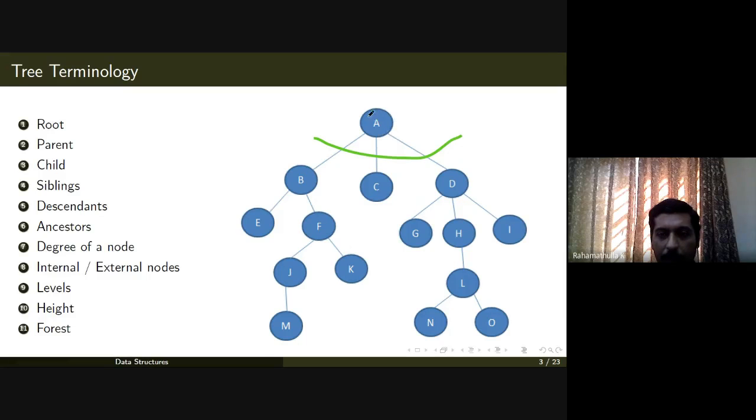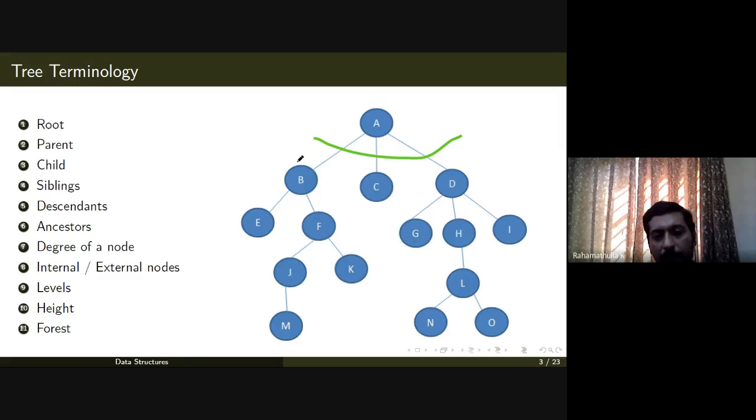For example, this large tree is built from subtree 1, subtree 2, and subtree 3. A single node itself can be treated as a tree, and there can be a tree with zero nodes as well. We will see all these things in the case of implementation.